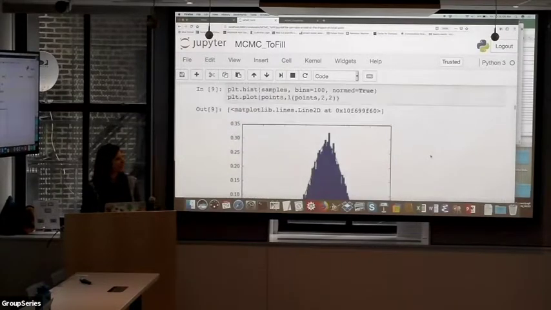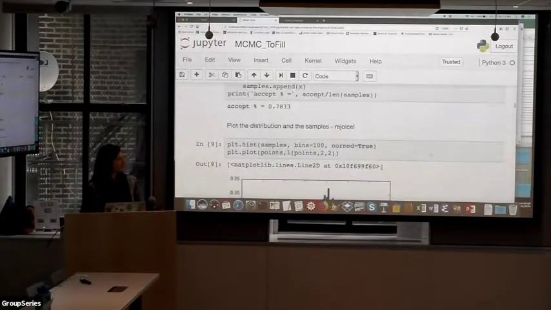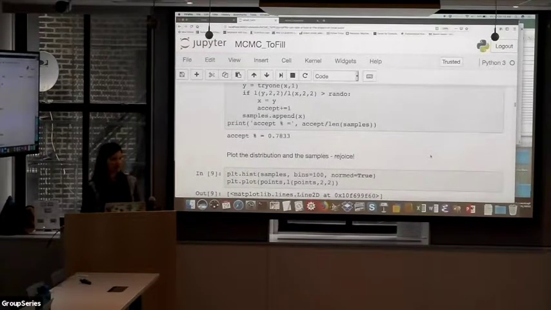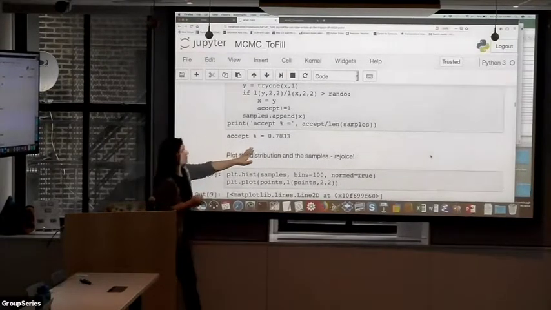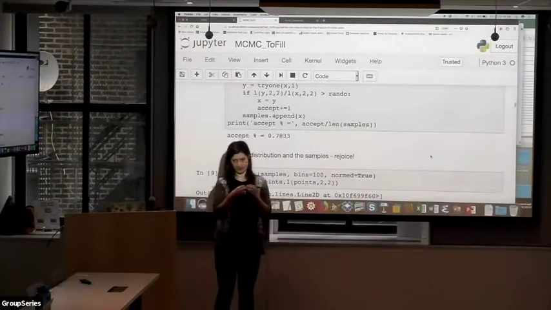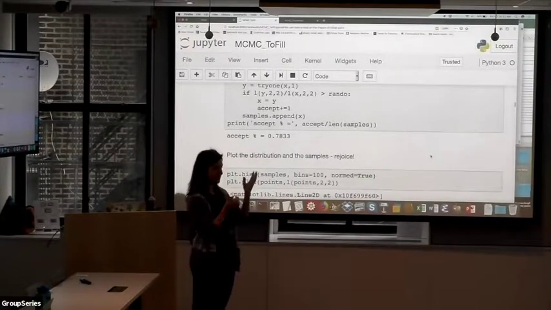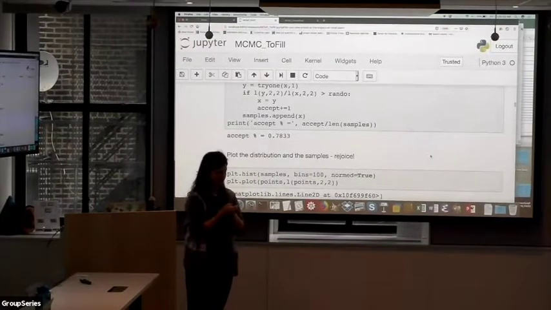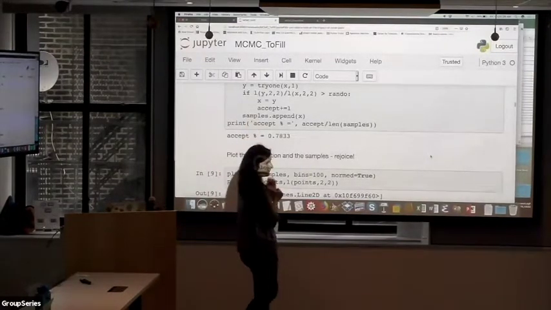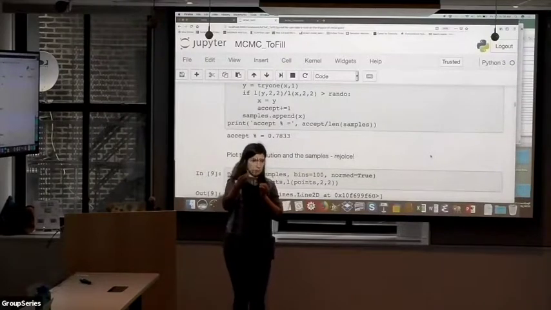So what is meant by the acceptance rate? I kept track of how often a step was accepted when proposed. So this means that in 78% of the total steps, which were 10,000, the new point was accepted.